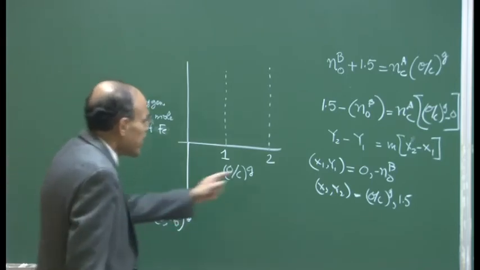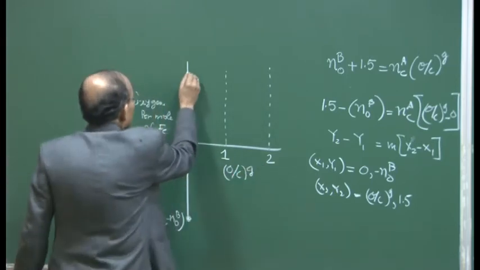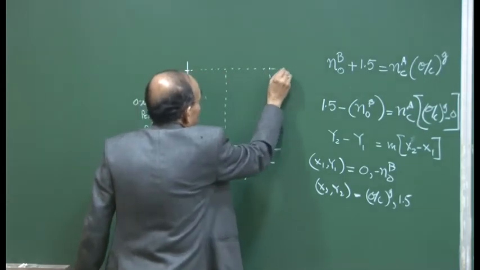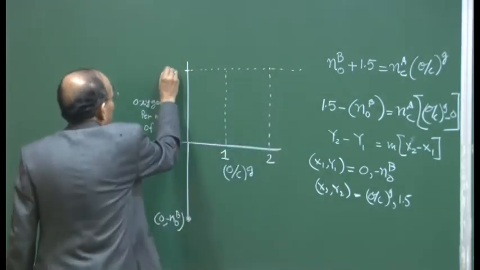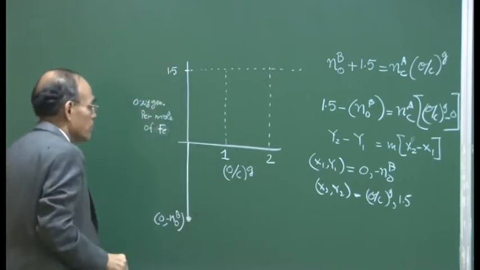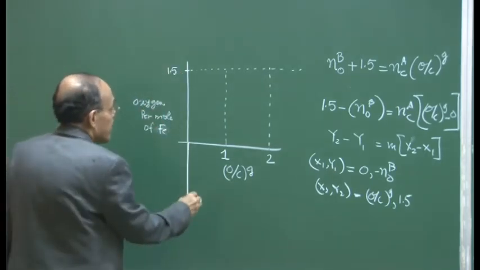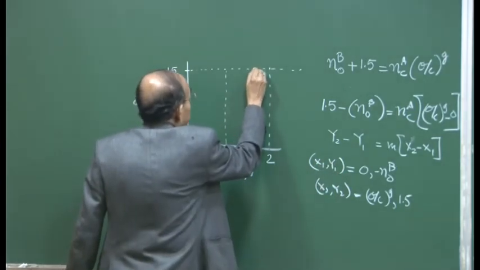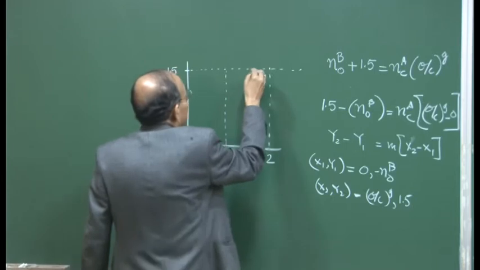Now, the second point tells us that it is equal to 1.5 here, and whatever the O by C ratio is, let us say this point essentially represents x2, y2.